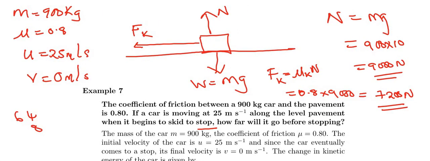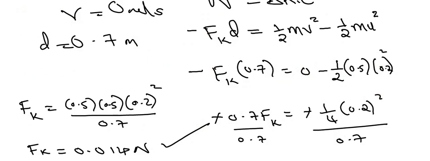Now that we have the frictional force, remember they're asking for the distance before it actually stops. If the car is moving at this speed and then comes to a stop, we have learned that work done is equal to the change in kinetic energy.